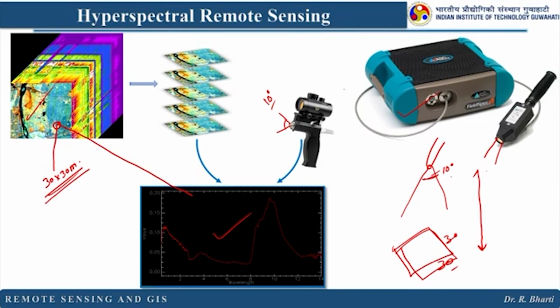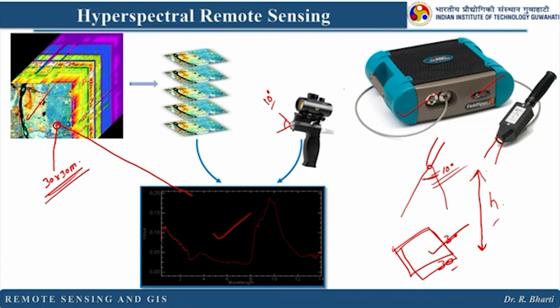So, you have to get only one spectra using this field instrument, and for that you have to decide what will be the H, because this is known, this is 10 degree in this case, this is just for example.